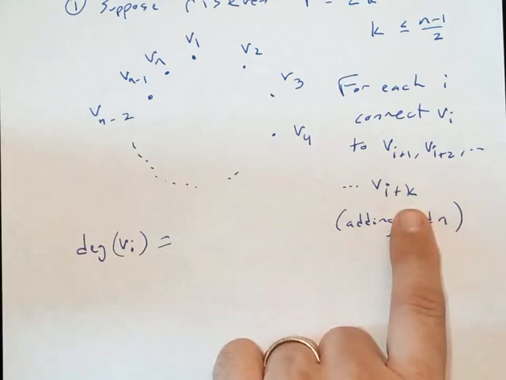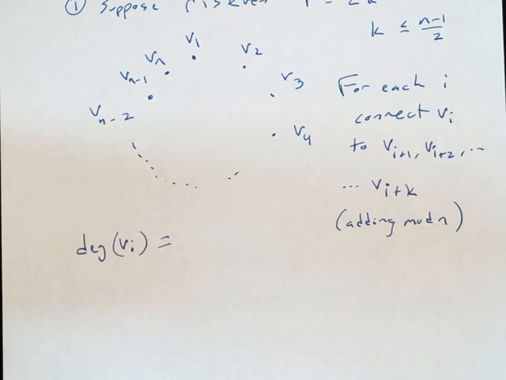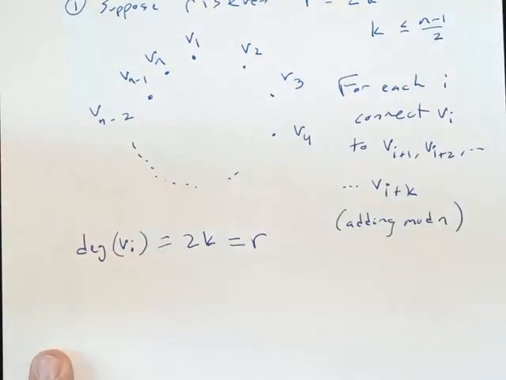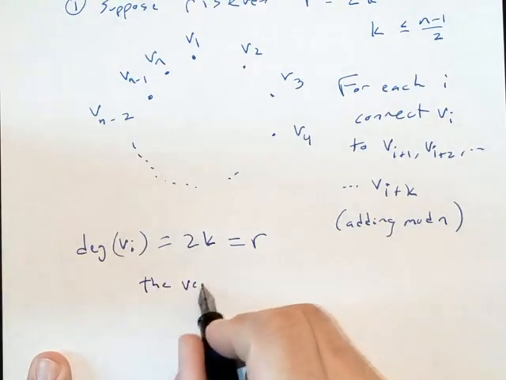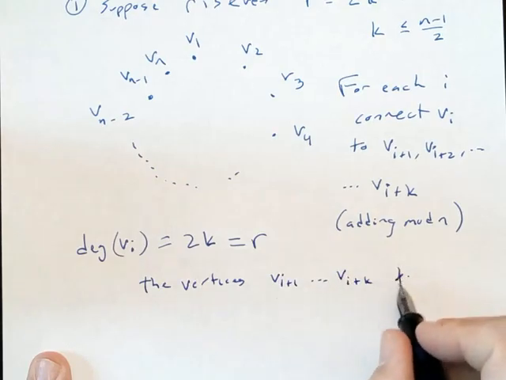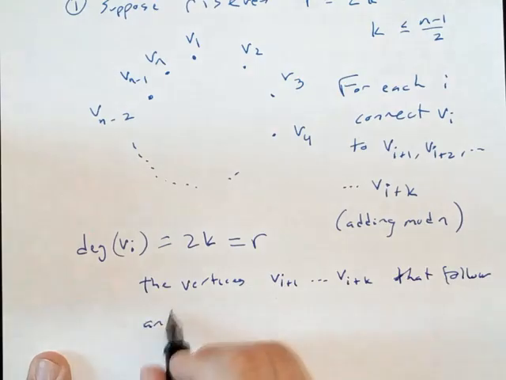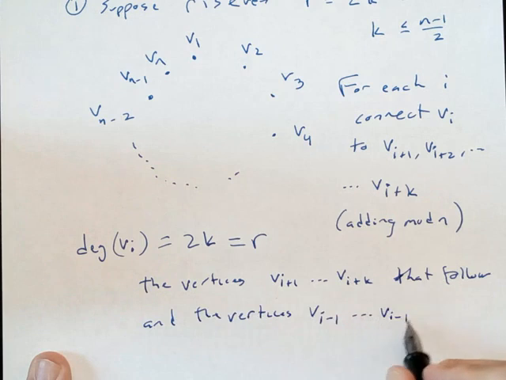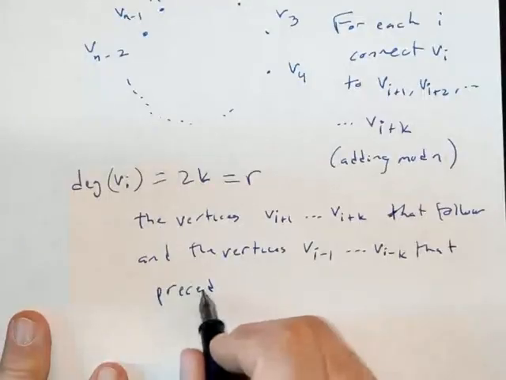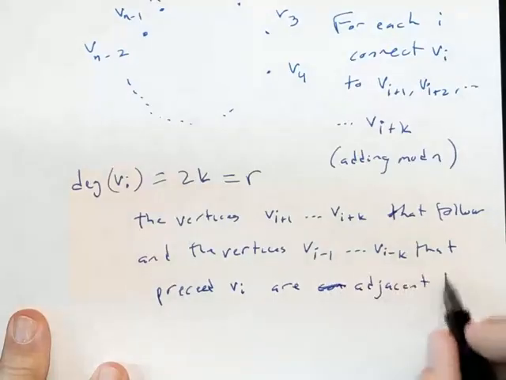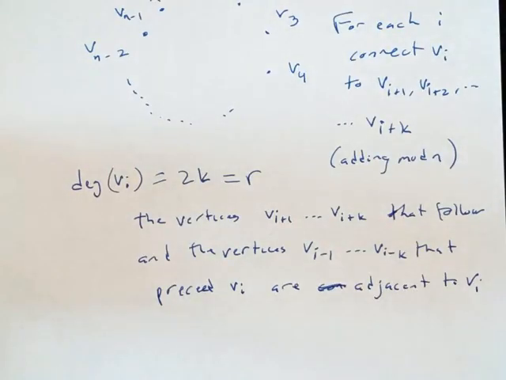Each vertex connects to the k in front and the k behind. This holds for any i.